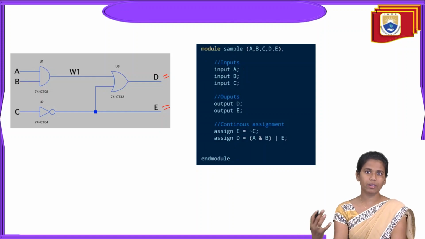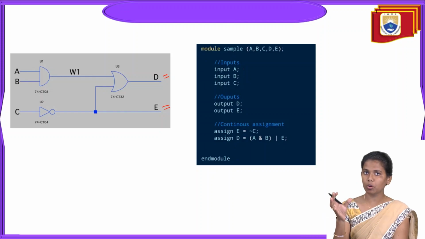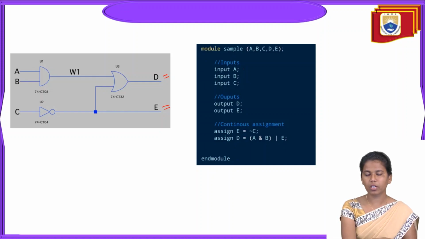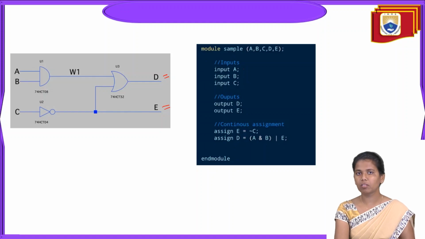That is, how can I code the problem, how can I describe in the form of a structural description of a particular module. So this is gate level modeling, and the code is all about data flow modeling, how the data is flowing among all the different gates.